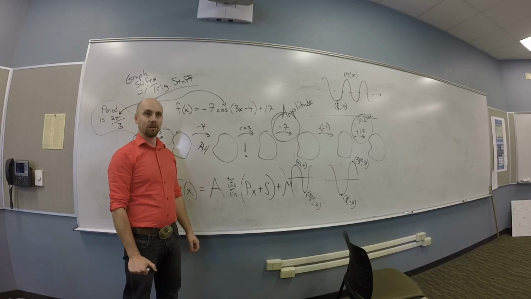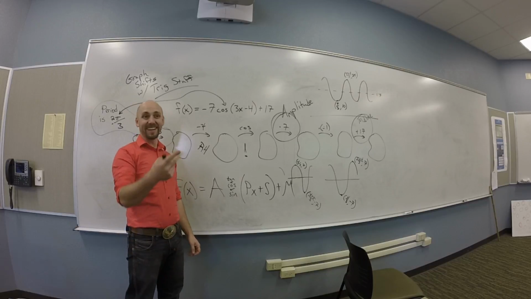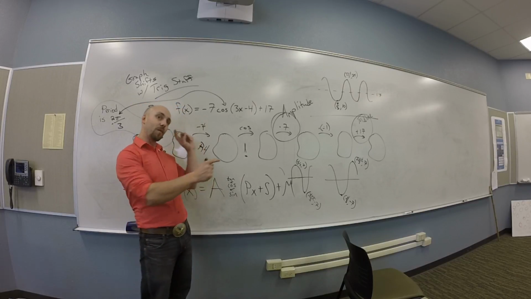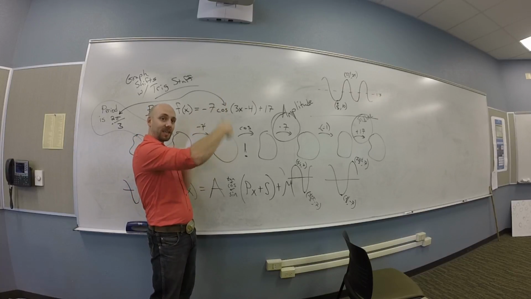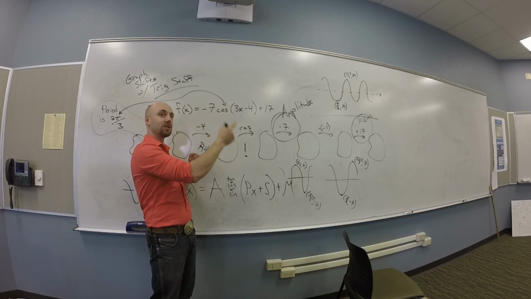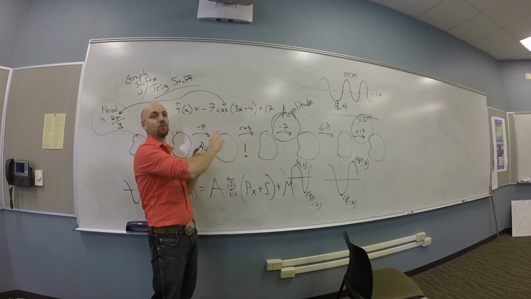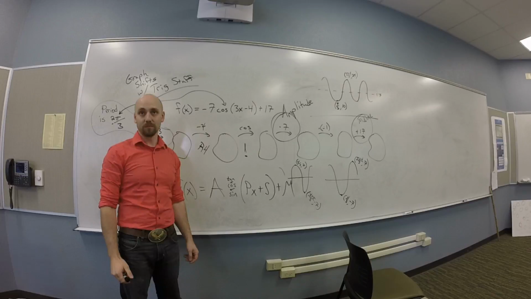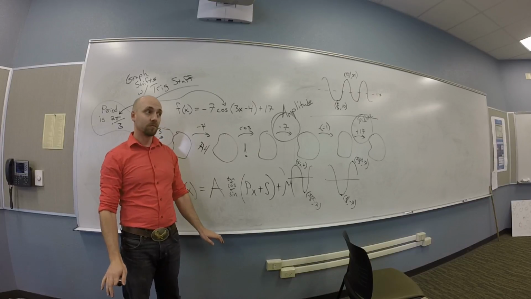Pi over 2? It's just pi. Because it goes from minus pi over 2 to pi over 2 with those asymptotes, and so the next section has to be at least minus pi over 2 to pi over 2 wide. That's a total of pi. Cool? Question, thing? Okay.